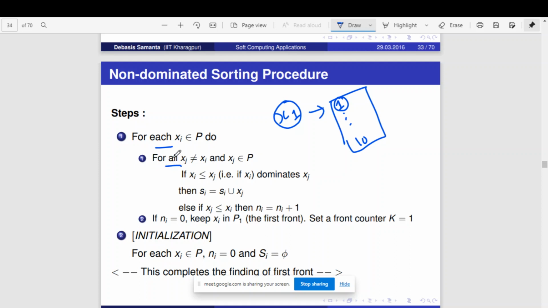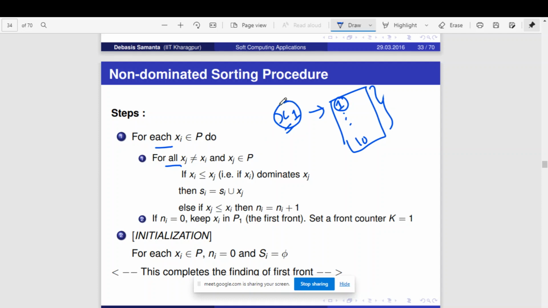Now in the second iteration, for all xj which is not equal to xi, I am going to compare this x1 with everybody in this population, but that individual should not be equal to the first individual. Is that clear?